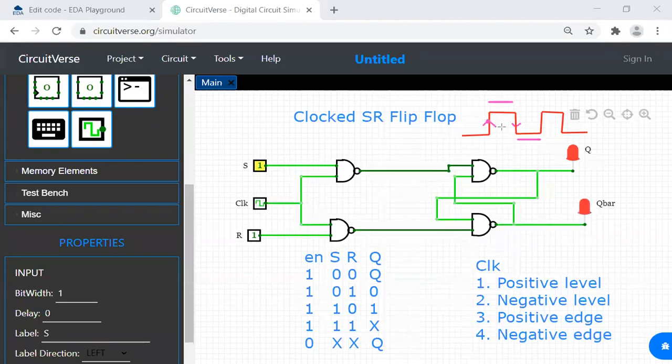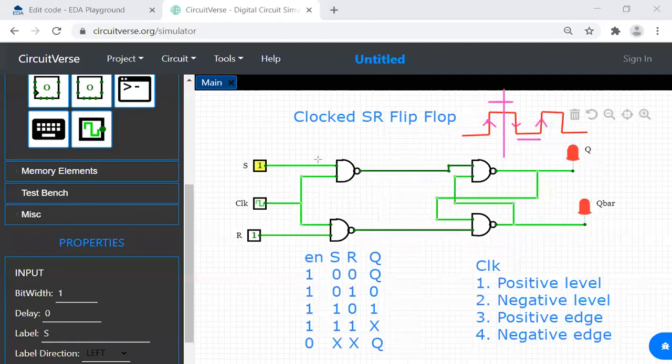If I specify positive edge, only during that positive edge will it check what your S and R are, and your output will be available. Even if my inputs S and R change somewhere here, I will not get the output until the next positive edge. So we call that a positive edge triggered flip-flop.